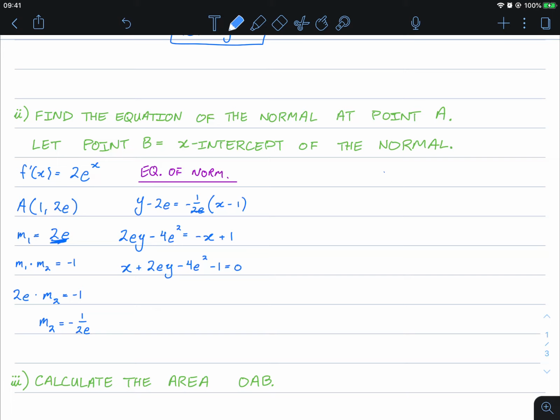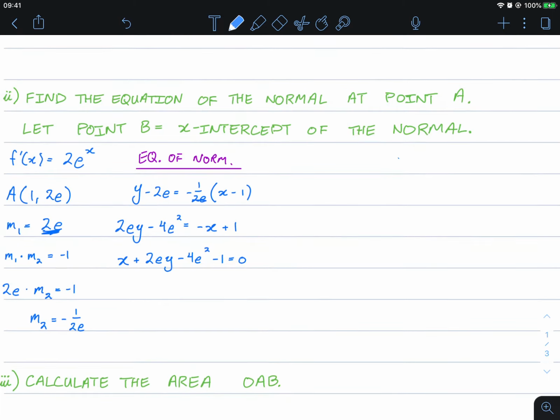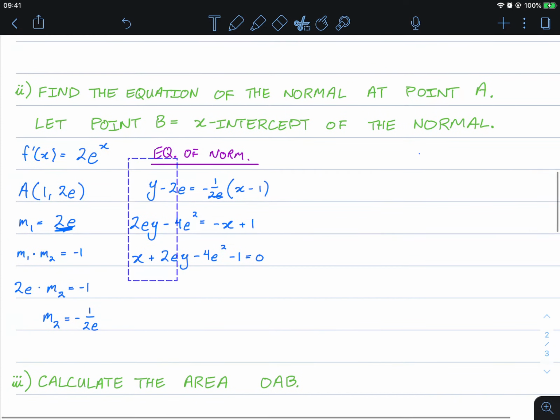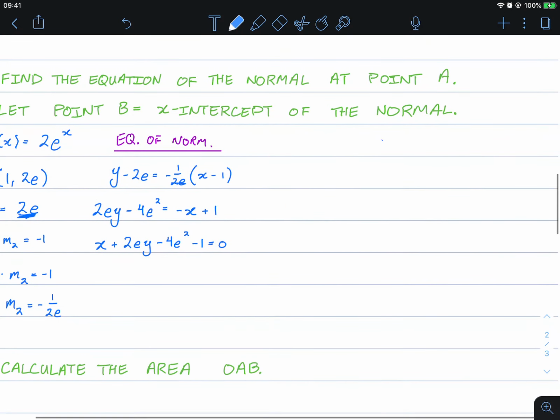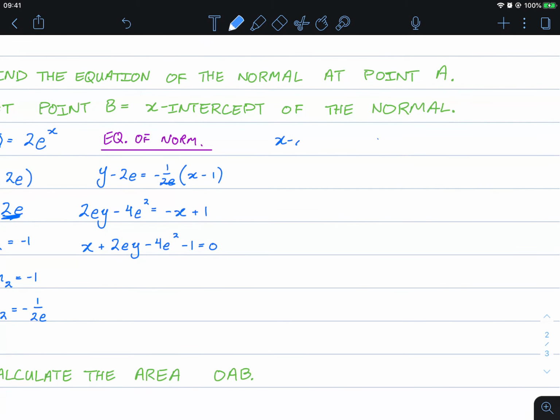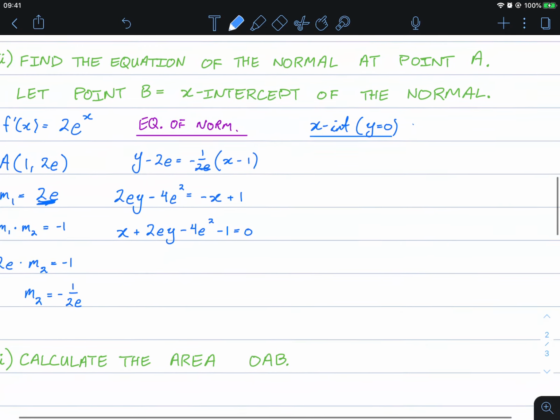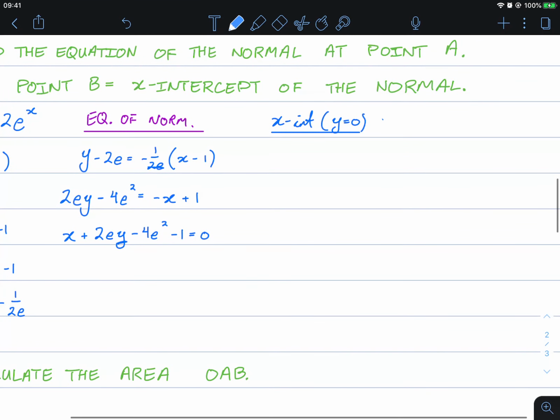Let point B equal the x-intercept of the normal. Now, we want the coordinates of the x-intercept. Well, at the x-intercept, y is equal to 0. So we have the equation of the normal, and we're going to let y equal 0.